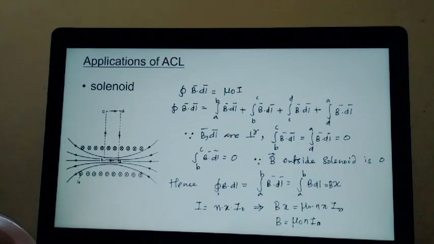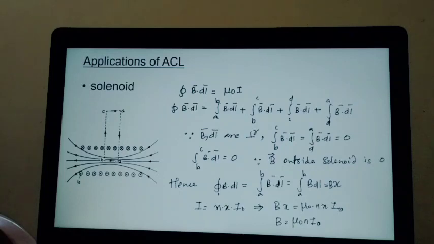And I already told you there are capital N total turns, and small n is the number of turns per unit length. And each turn carries a current I0. So small n is the number of turns per unit length and x is the length of AB.